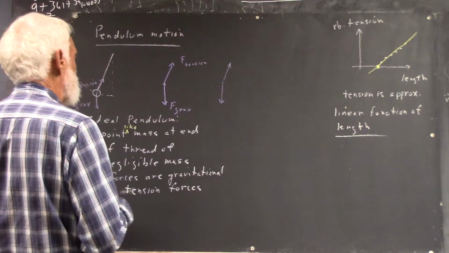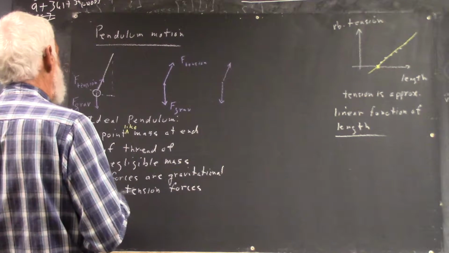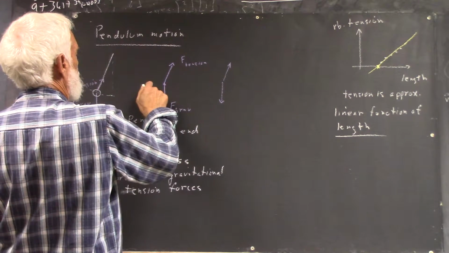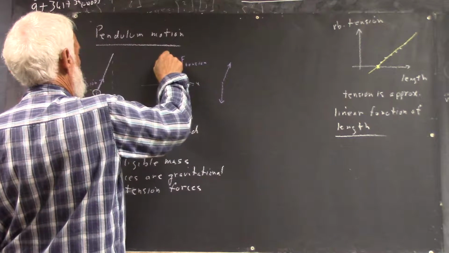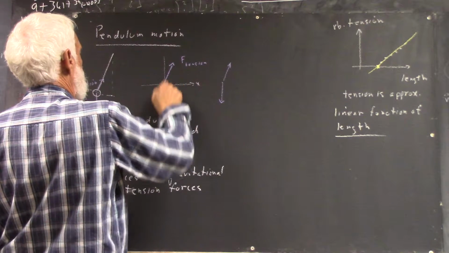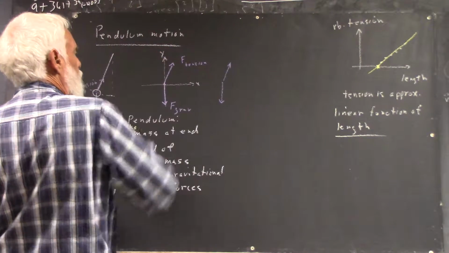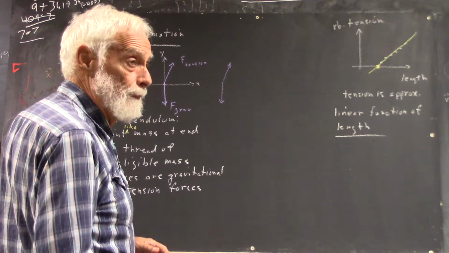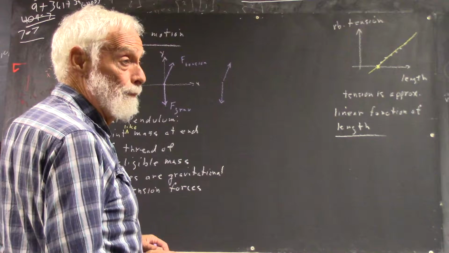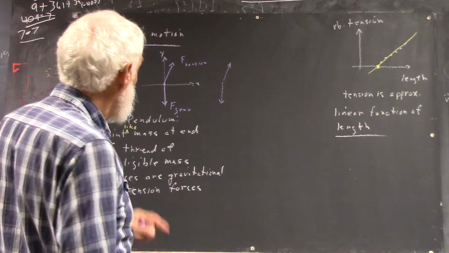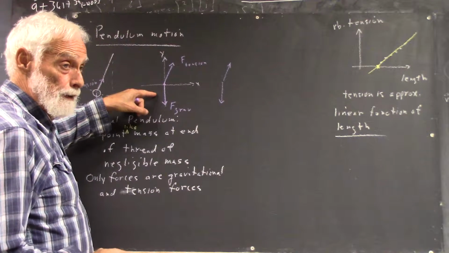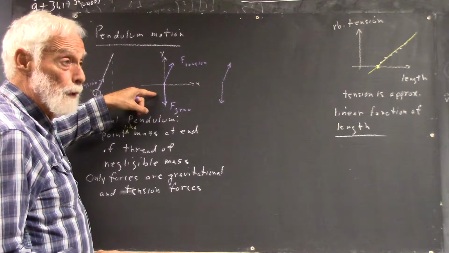Okay, now the set of coordinate axes that I'm going to use here has the x-axis horizontal, the y-axis vertical. However, until we analyze it, we don't know what's going to be simpler. This is one candidate for the best set of coordinate axes.